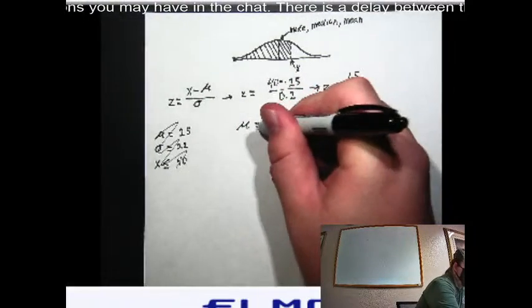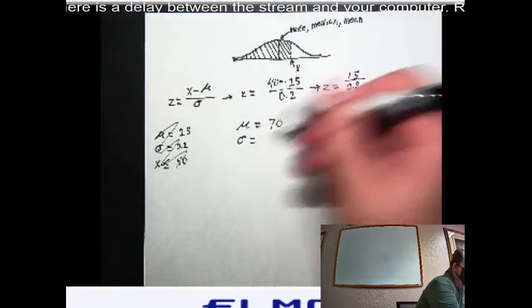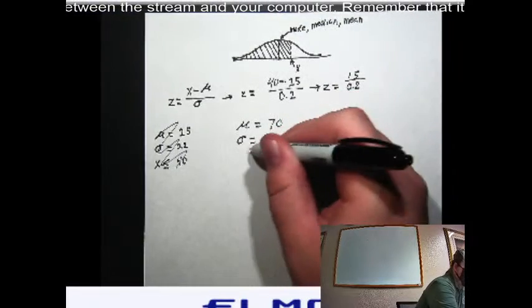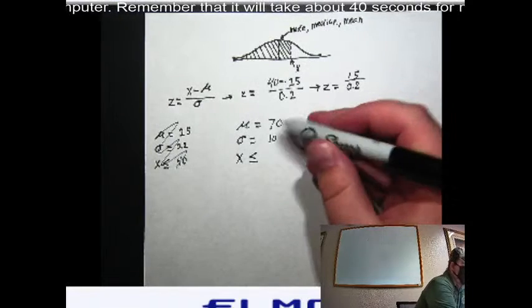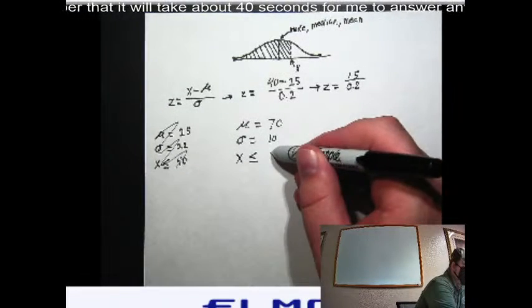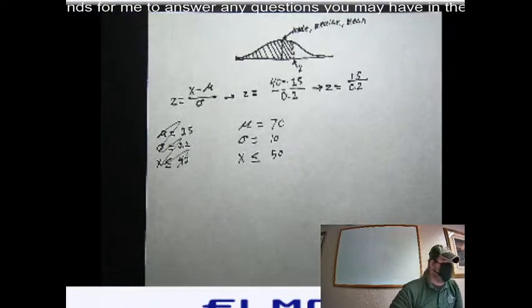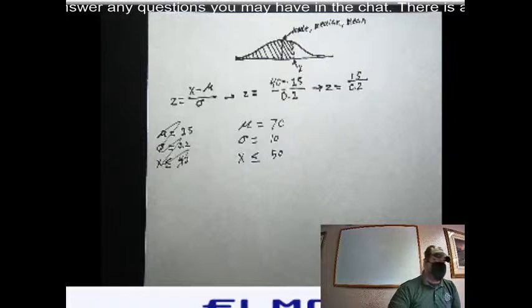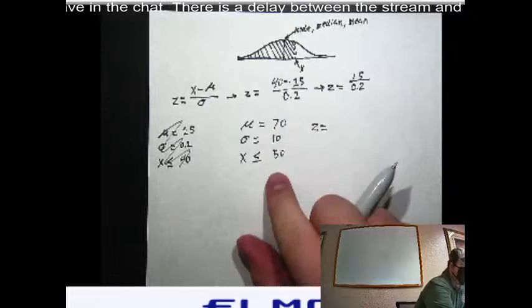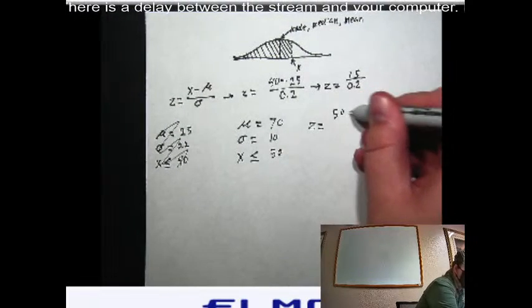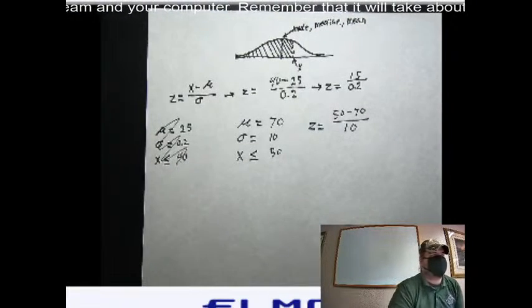Mu is equal to 70, sigma is equal to, let's say, 10, and then our x, let's do one that's lower. How about 50? Okay. So let's try this one then. z equals, let's see, 50 minus 70 over 10. A lot easier numbers for us this time.